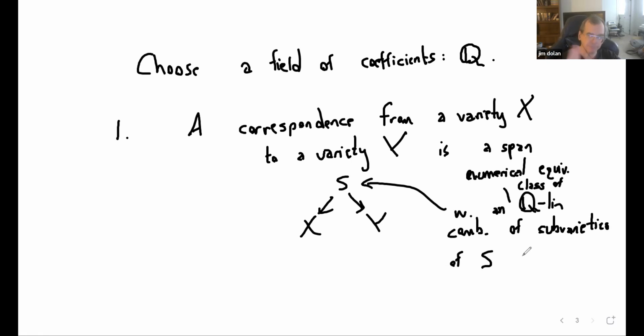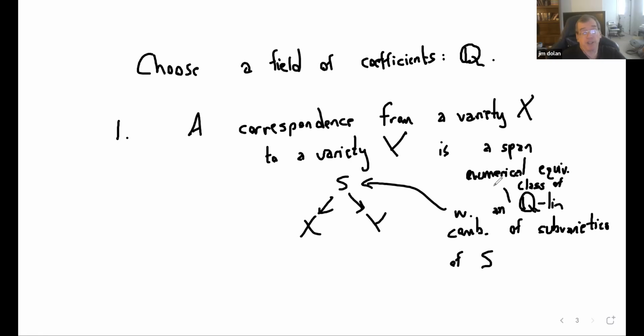I thought you were describing this for an arbitrary adequate equivalence relation. Well, yeah, I could, and then I would just cross this out. But I'm only going to talk about the numerical one.